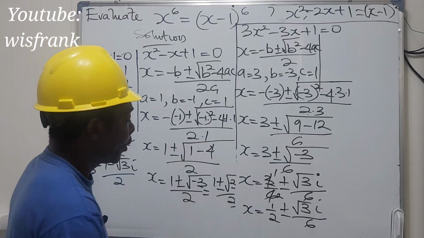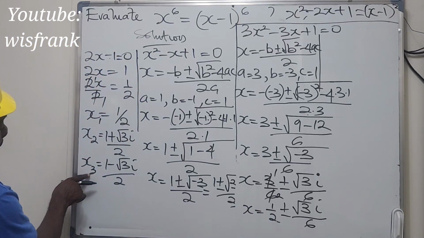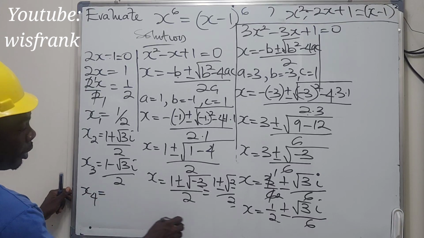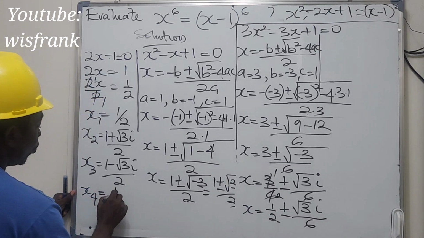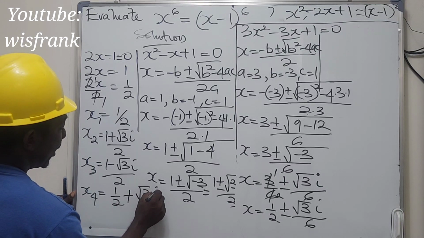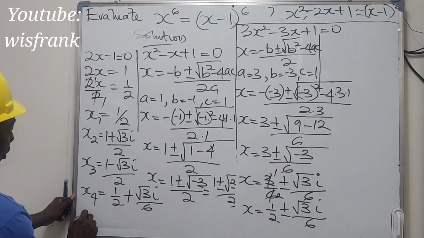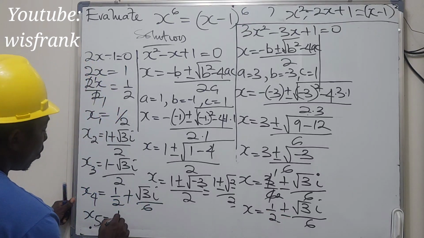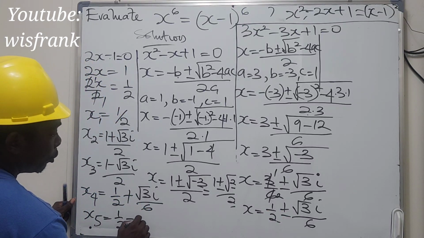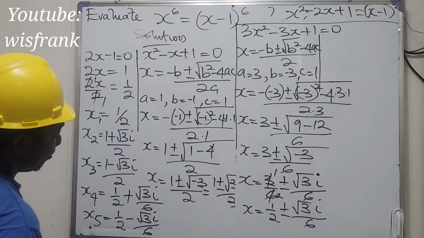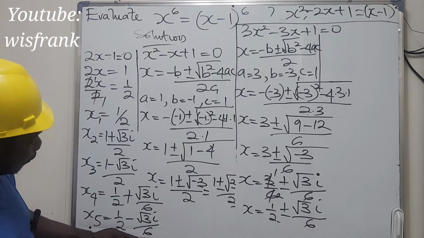Our x4 is going to be, let's take the first one, 1 all over 2 plus root 3i all over 6. And also our x5, still from this solution, is 1 all over 2 minus root 3i all over 6.